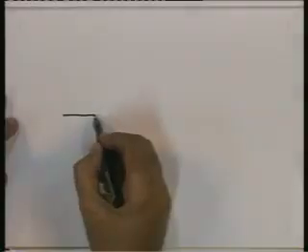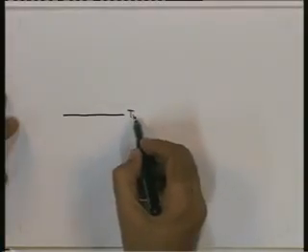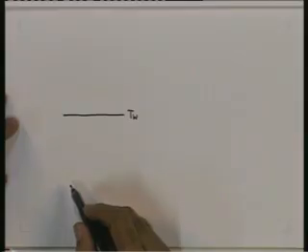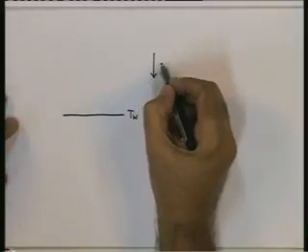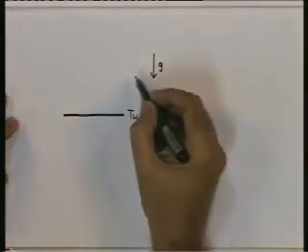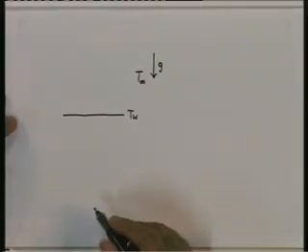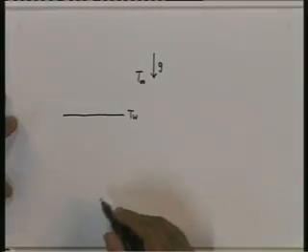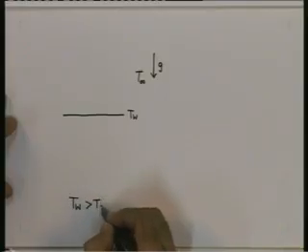So, let us say that this is a surface at some temperature Tw, gravity is acting downwards and the surrounding fluid is at some temperature T infinity. And let us look at the first situation where the plate is warmer than the surroundings.